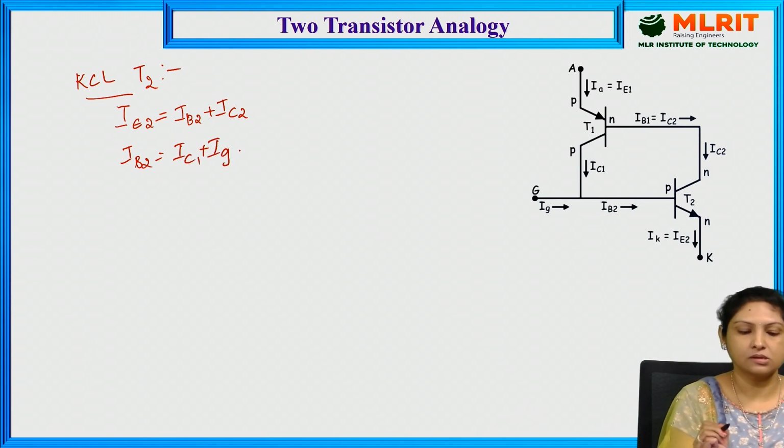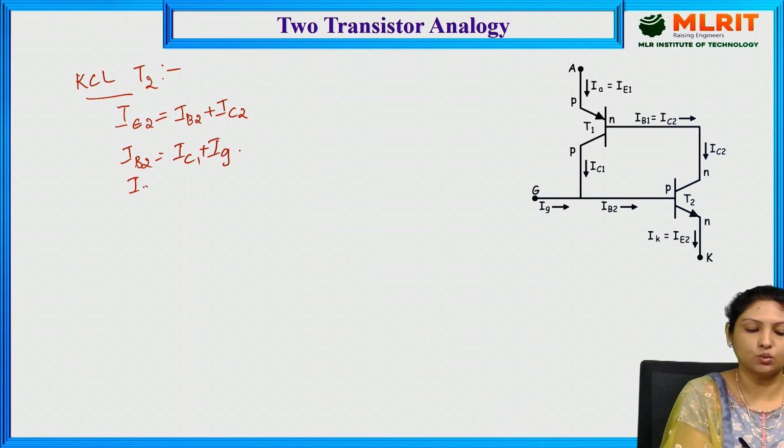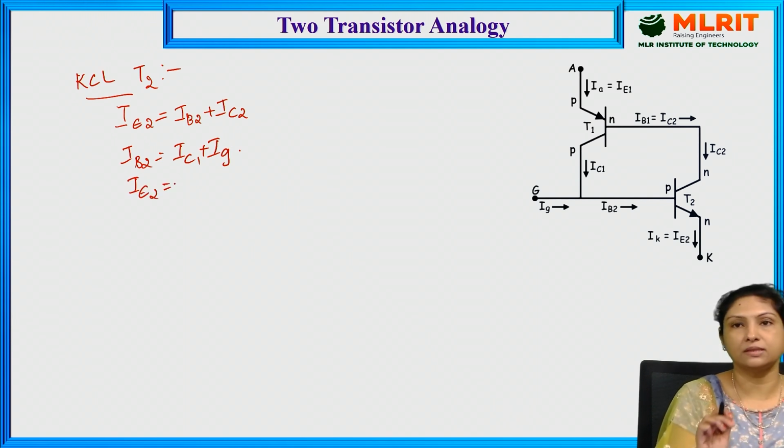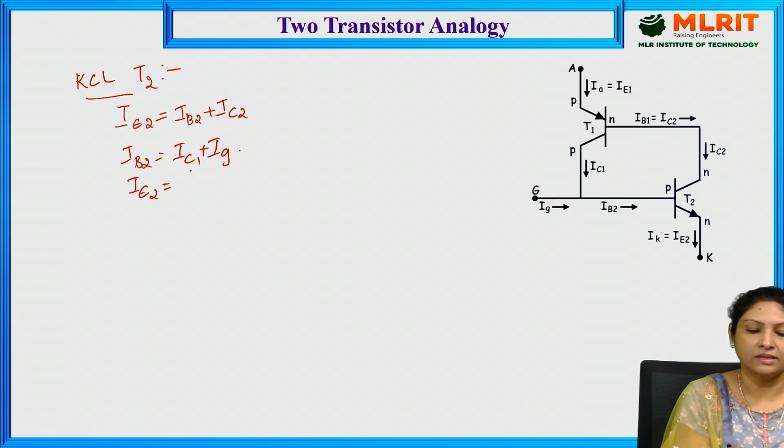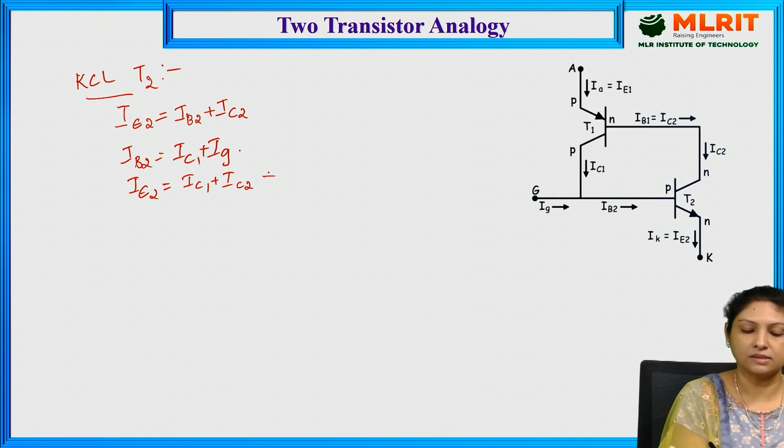Let me substitute the value of IB2 in this equation. In that case, I get IE2 is equal to IC1 plus IC2 plus IG.